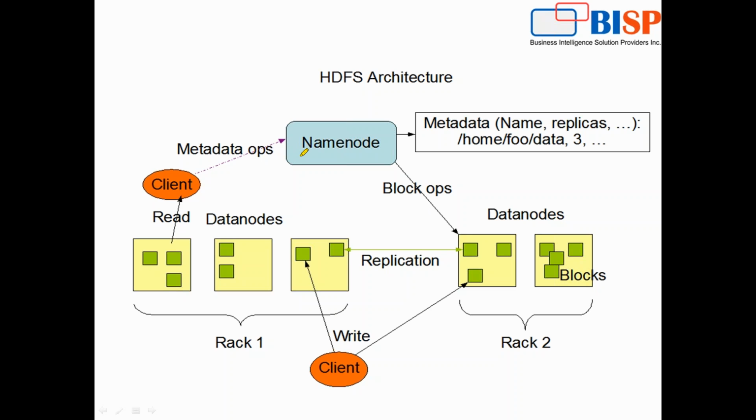First, this is the name node, and we have another service called data node. The data nodes are these square boxes highlighted in light yellow, and the blocks are in green. There's another term called rack.